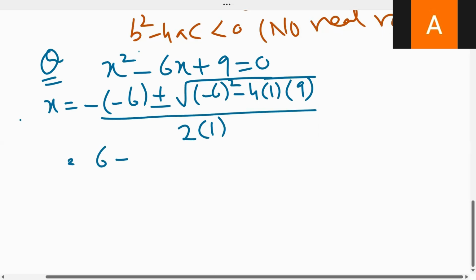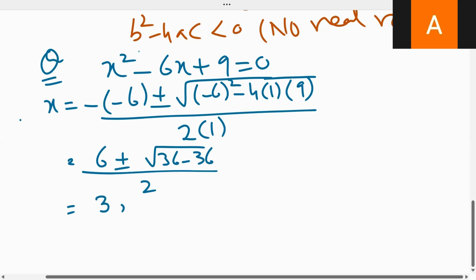This is plus 6, and here 36 minus 36, which is 0. So if you write 6 plus 0 by 2, your answer is 3. And when you solve 6 minus 0 by 2, again your answer is 3. So you observe that you are getting real and equal roots.